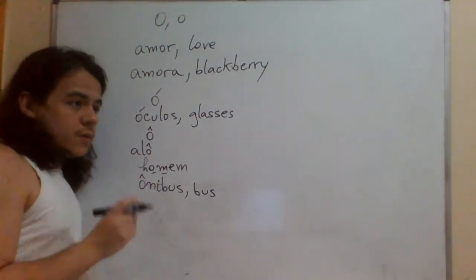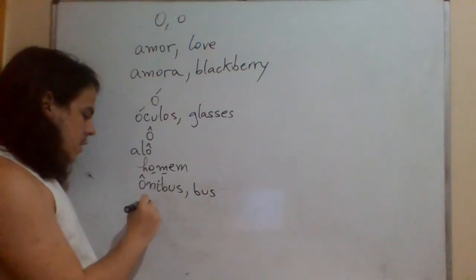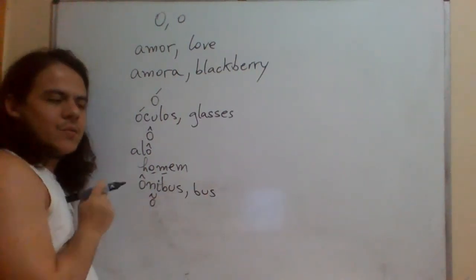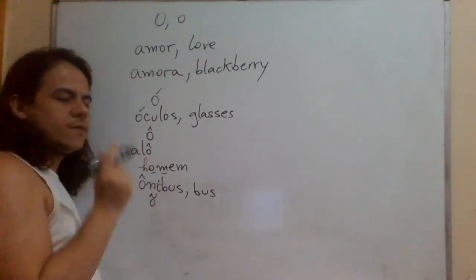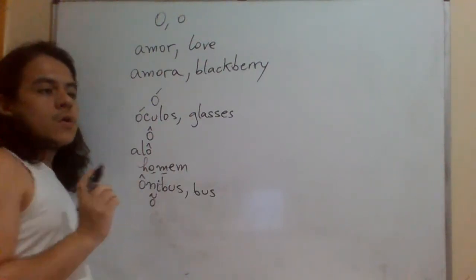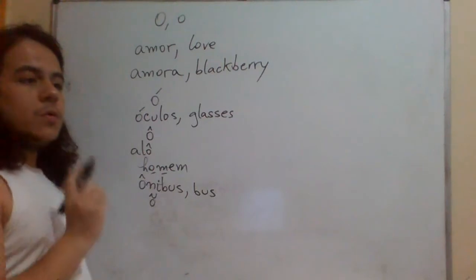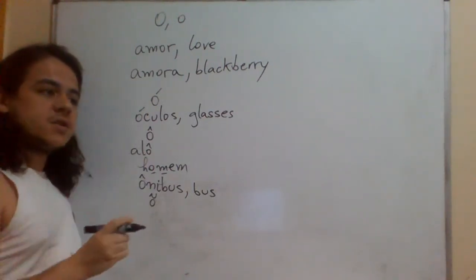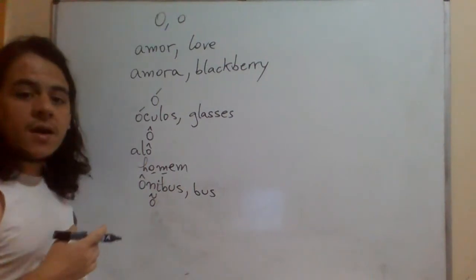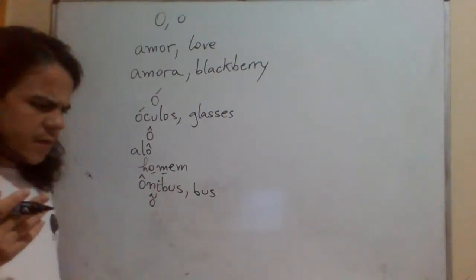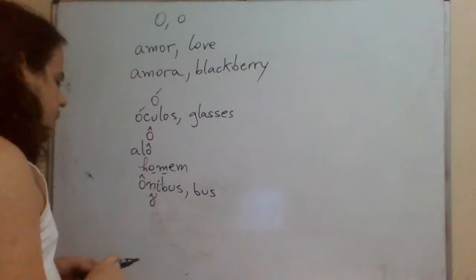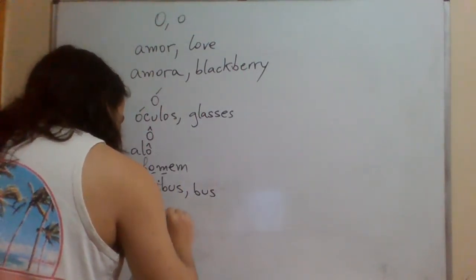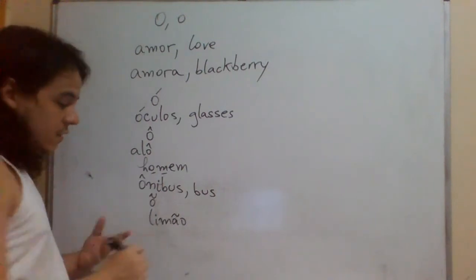And the chill above letter O, that little snake we write above letter O, normally occurs on the plural of the words that have a chill above letter A. How come? Let me explain. For example, we have this word here, limão. It's a fruit.